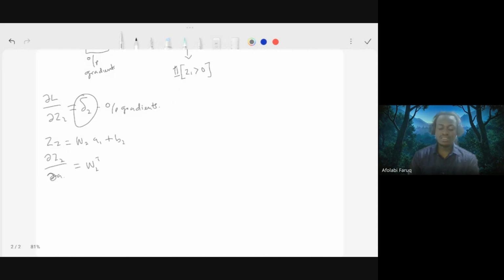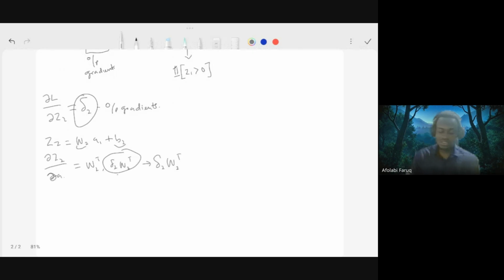So we refer to this as delta 2 W2 transpose. Because we are adding the output of the first layer to the randomly assigned weights that we have here, and then this remains, we just add the transpose to it. Which is why I say delta 2 W2 transpose, right?